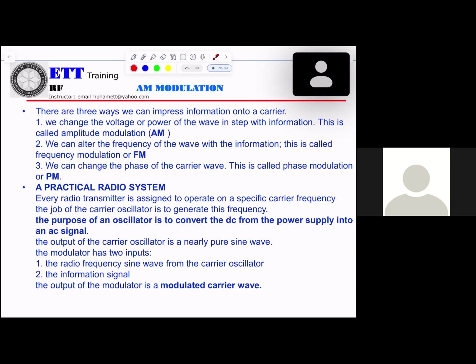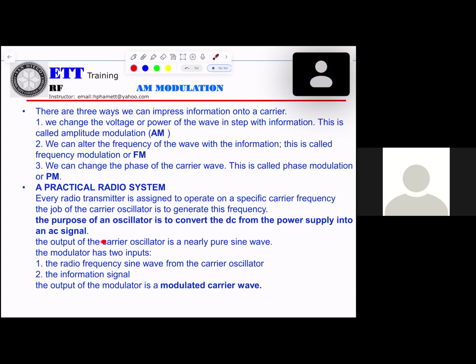Practical radio system. Every radio transmitter is assigned to operate on a specific carrier frequency. The job of the carrier oscillator is to generate this frequency. The purpose of an oscillator is to convert the DC from the power supply into an AC signal.